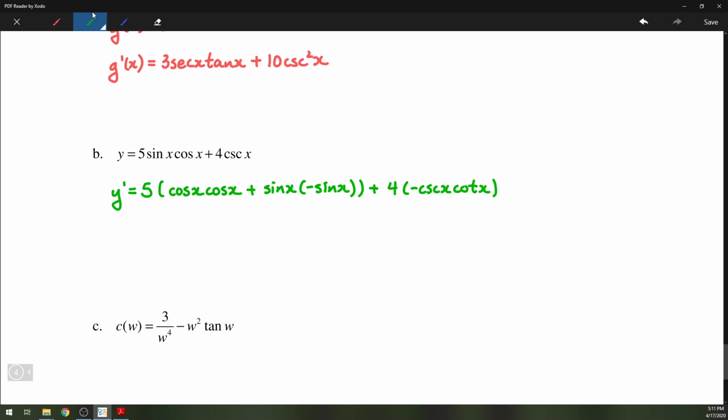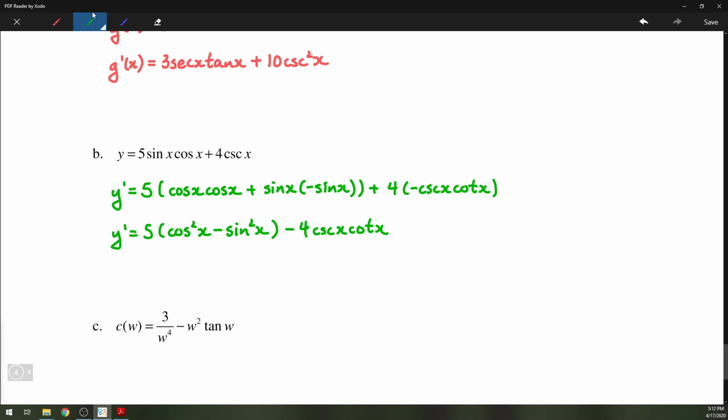And then you will notice here that you have cosine squared x minus sine squared x, and then minus 4 cosecant x cotangent x.